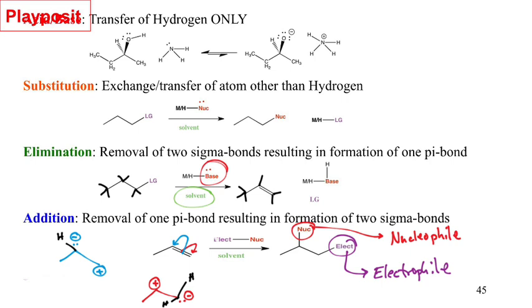Hydrogen, carbon, and carbon. What's near the negative in the red? What's the difference between carbon and hydrogen? The amount of electrons. The blue one has more electrons near the negative.